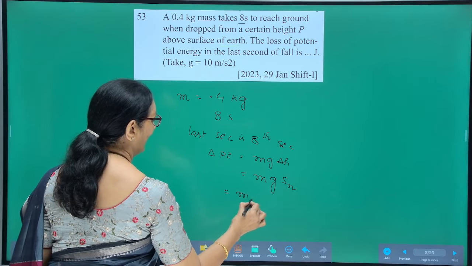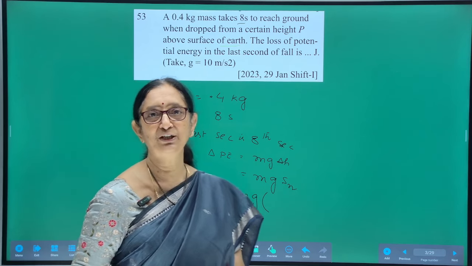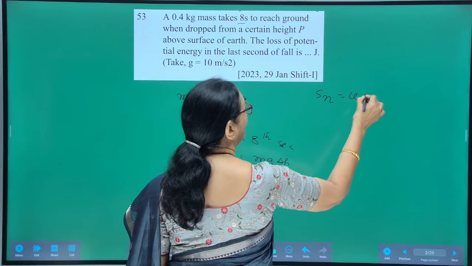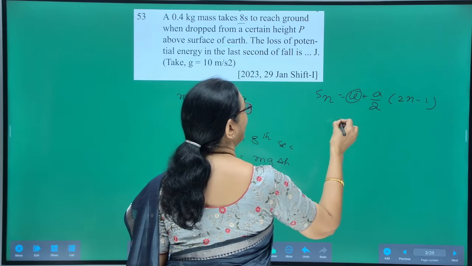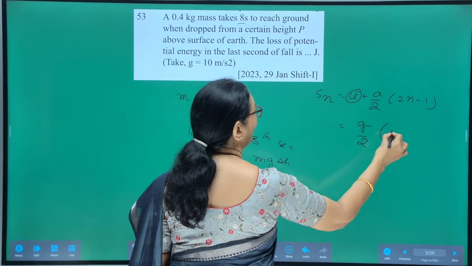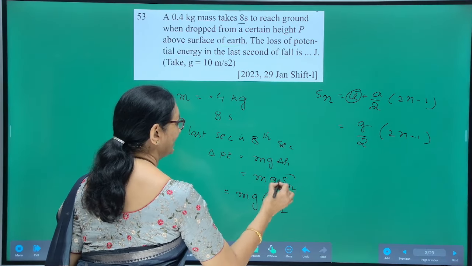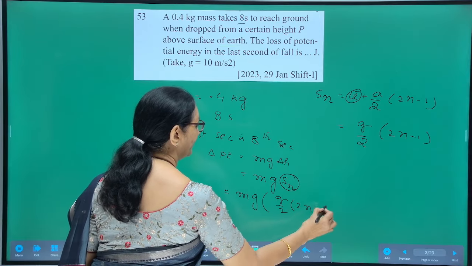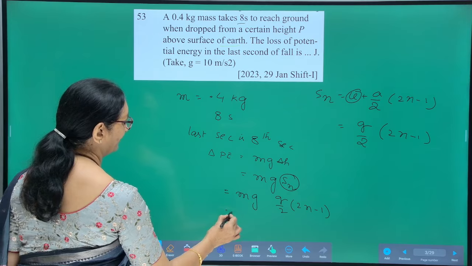Sn is equal to u plus a by 2 into 2n minus 1. In case of freely falling, u is 0, a is g, so Sn is g by 2 into 2n minus 1. Let us substitute the values.